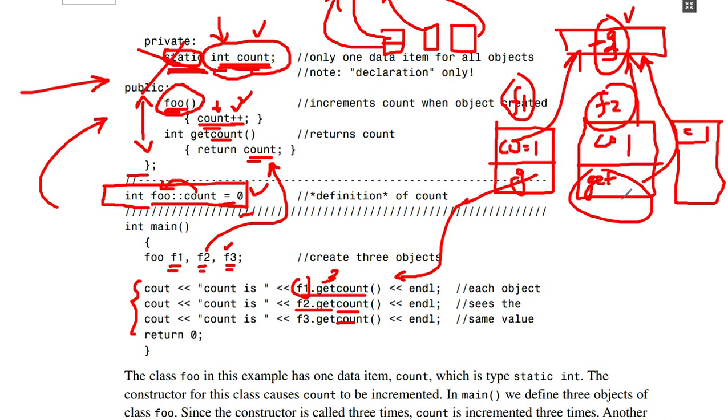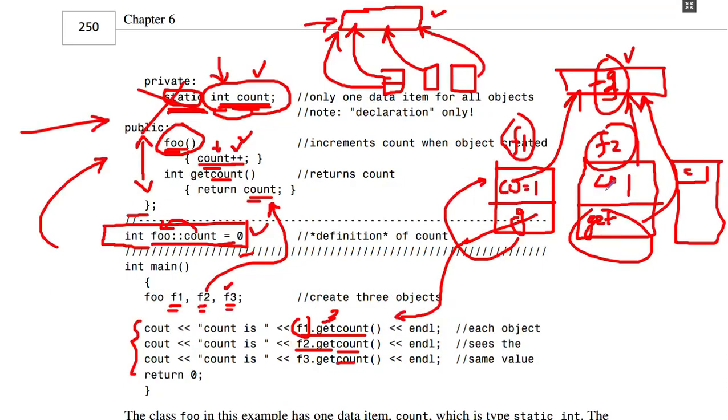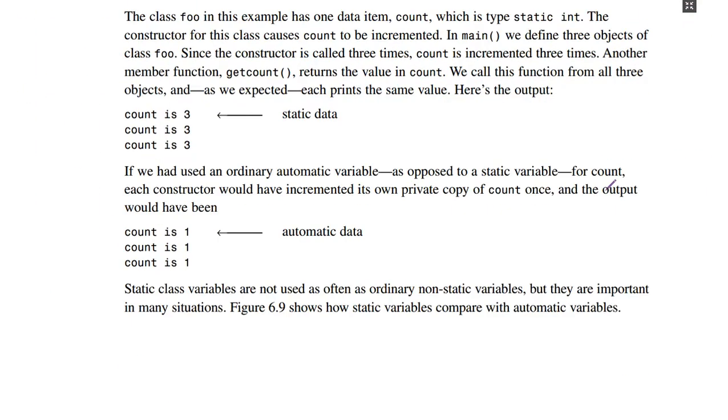So if you print, the result would be 1 1 1. In the case of an automatic data item, it would be 1 1 1, but since this is declared static, only one variable is made, and all three objects increment it, and then the count is equal to 3.